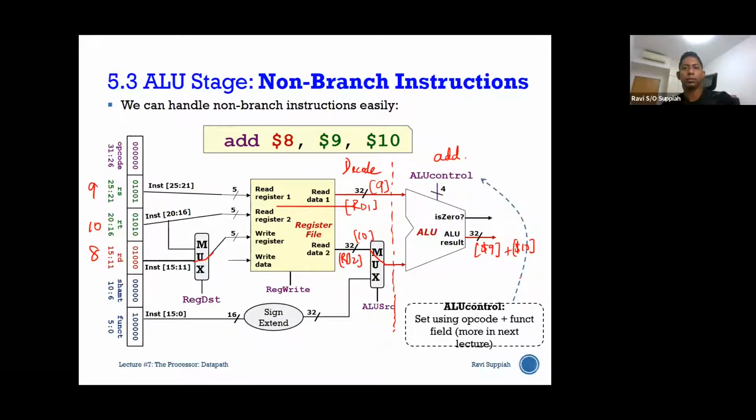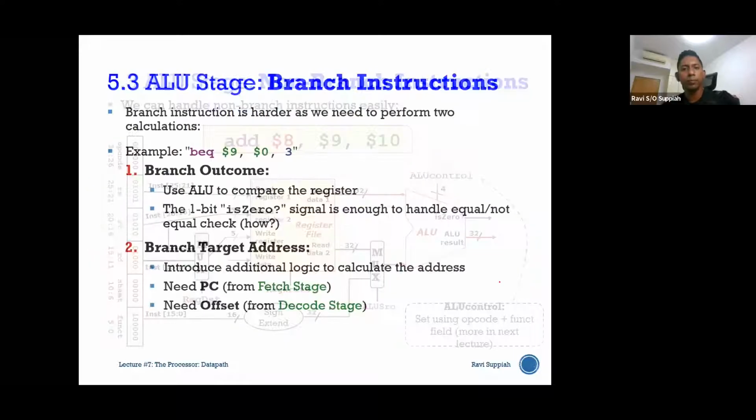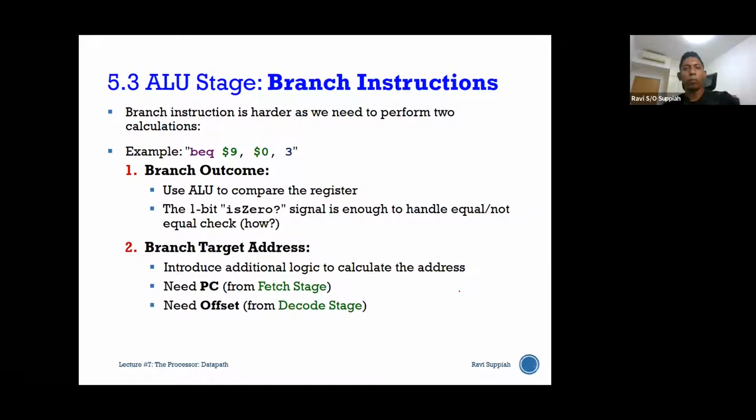We will discuss that in a while. Now for branch instructions, we need to do two things. One is we need to use the ALU to compare whether the branch is supposed to be taken or not, and that is where the is0 bit comes in.